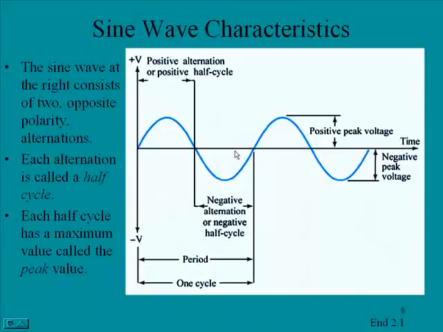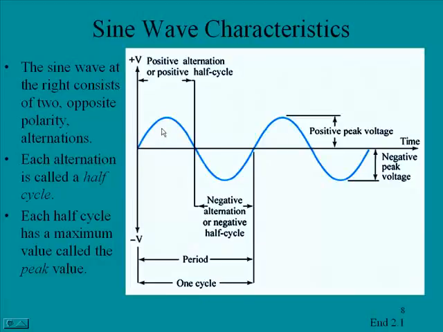And here we have some sine wave characteristics. The sine wave at the right consists of 2 opposite polarity alternations. So here's one polarity, positive polarity, and then here is the negative polarity alternation. Each alternation is called a half cycle. So this is half and half, and here is one complete cycle.